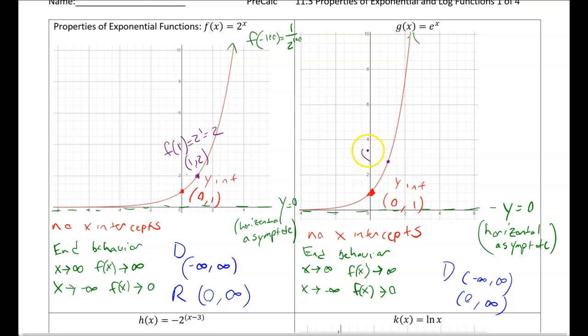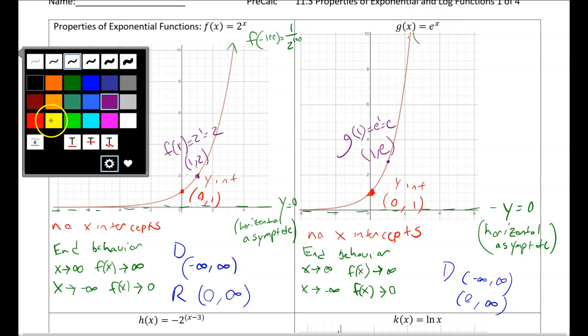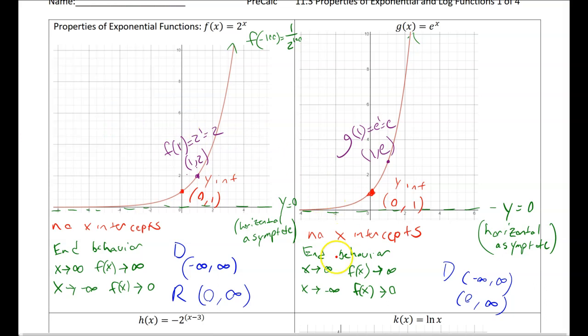So this is the point (1, e). And that makes a lot of sense because g of 1 would be e to the 1, which is e. So again, this is just a key point in the function. When I plug in 1, I get the base. By the way, I just noticed I made an error here. In my end behavior, this function's name is g, so we don't want to call it f.